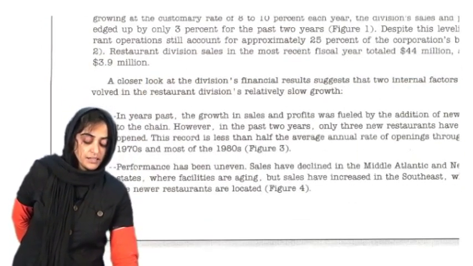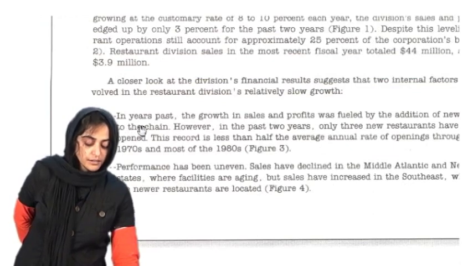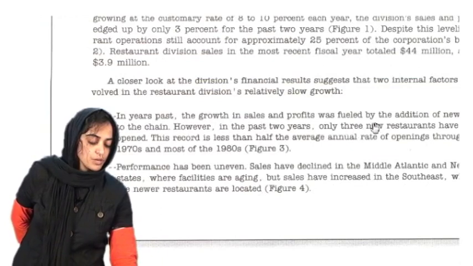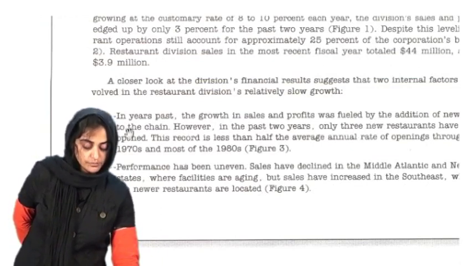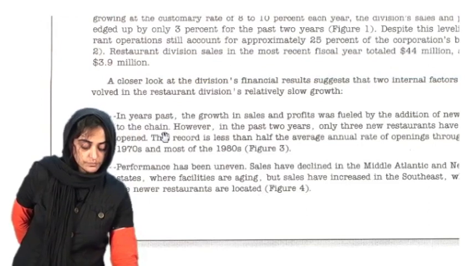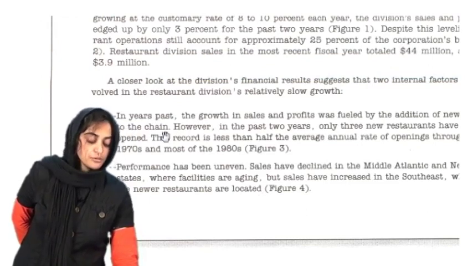1. In the years past, the growth in sales and profits was fueled by the addition of new restaurants to the chain. However, in the past 2 years, only 3 new restaurants have been opened.